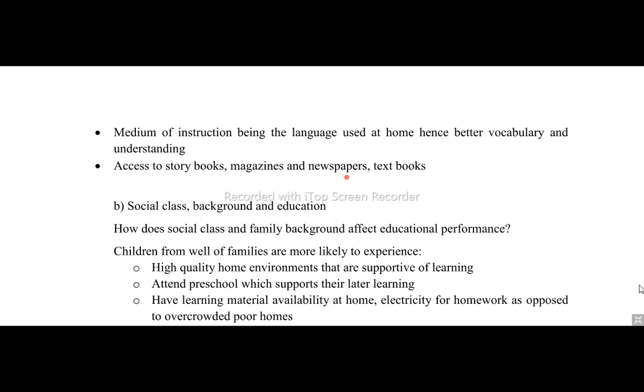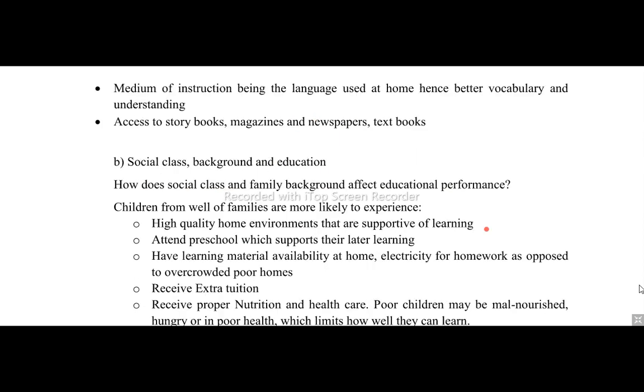Their parents cannot afford newspapers, apart from those newspapers which are used maybe to tie some items from the shop or from the market. Textbooks, they may be sharing textbooks with their friends because their parents cannot afford to buy. So all those factors will determine the performance of learners depending on the family background. Social class background and education.